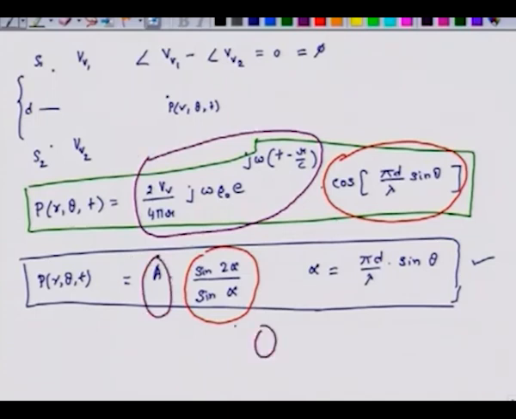So, the term which has been circled in purple depends on radius, omega, time, density and volume velocity, while the term which is in red depends on theta, lambda and the distance between the two sound sources.